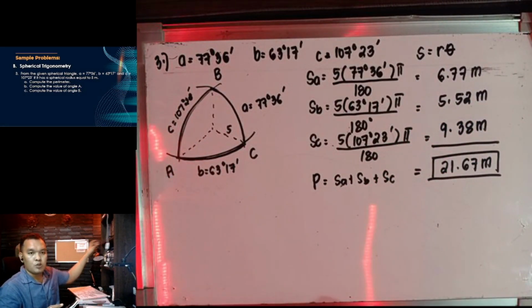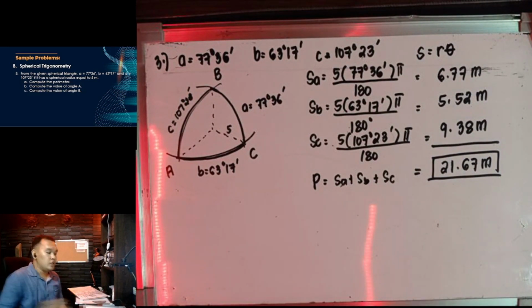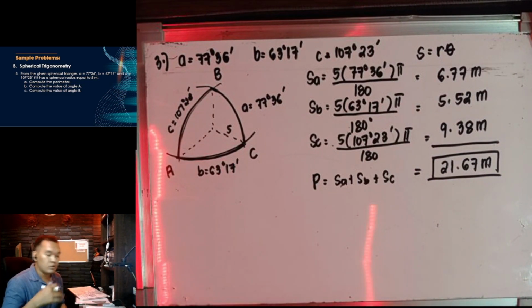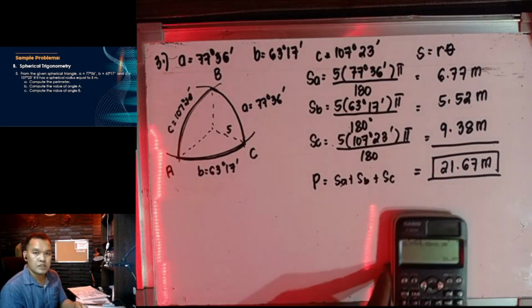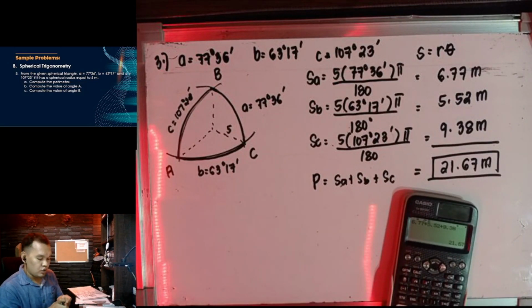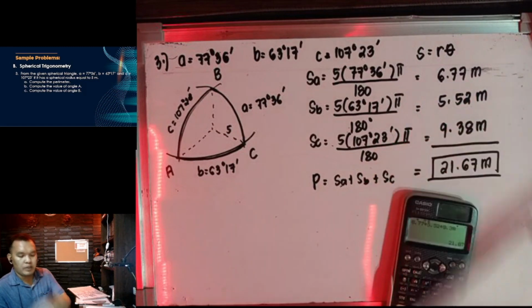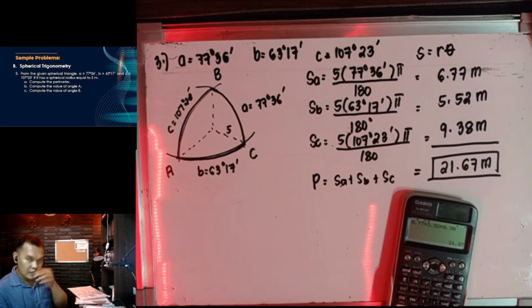Okay? So for problem number 2, compute the value of angle A. So since it is not mentioned there that it is 90 degrees, we could not use Napier's rule. So, what we will use are the identities of our spherical trigonometry. So, we have here identities under spherical cosine law given the sides with small letters.